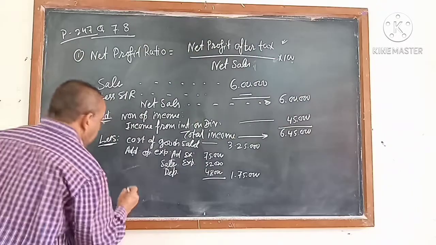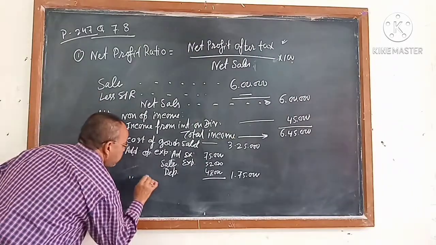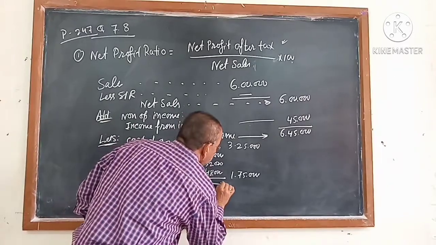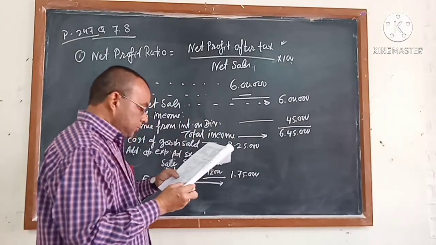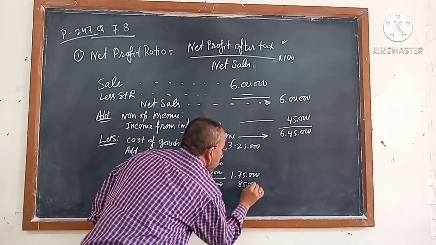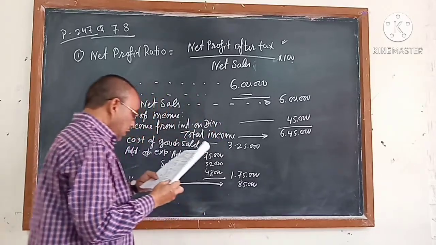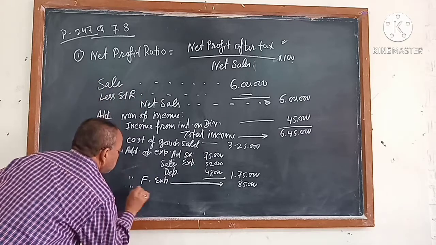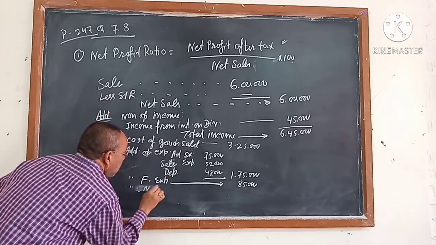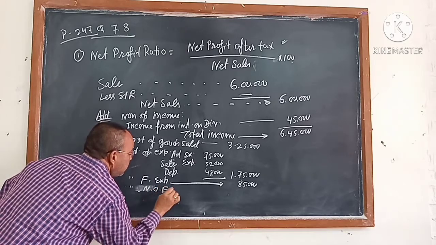That also you have to add. Add financial expense. Financial expense, how much you are getting? Financial expense according to your book, it is given 85,000. And the non-operating expense.